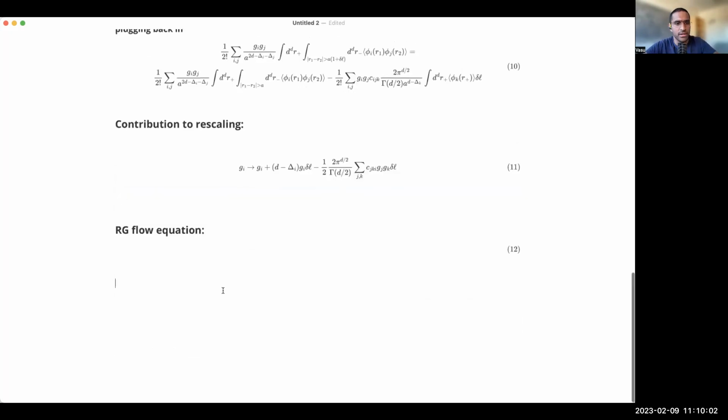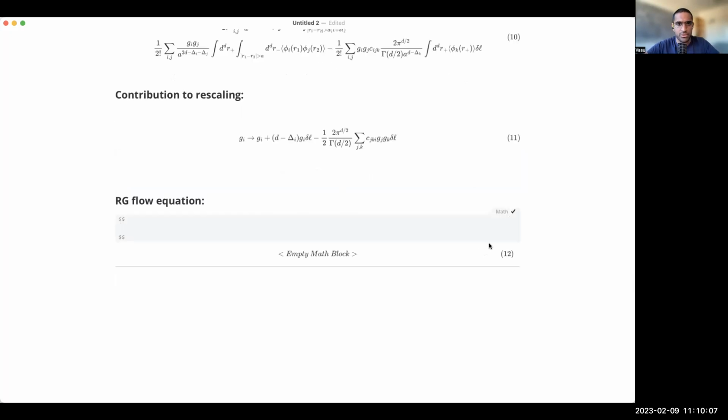But basically, in the RG flow equation, we have these contributions. If I was to take this derivative with respect to L of g_i, there's one contribution that goes like d minus delta_i of g_i. That's just the canonical scaling dimension.